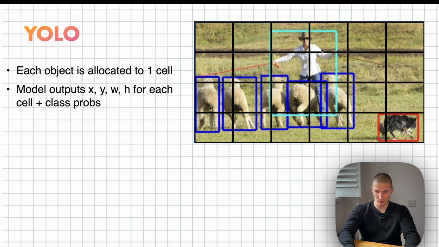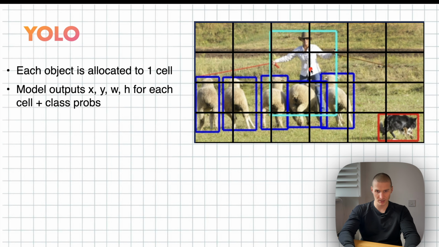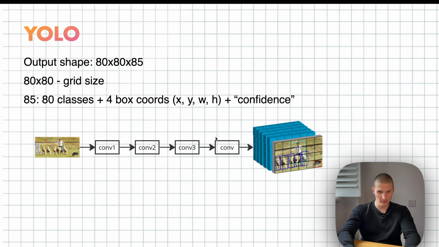So for this human here, the center might be somewhere here, so it will belong to this grid cell here. And so for each of these cells, the model has to output the bounding box coordinates and the class probabilities. So this is how it actually will look.